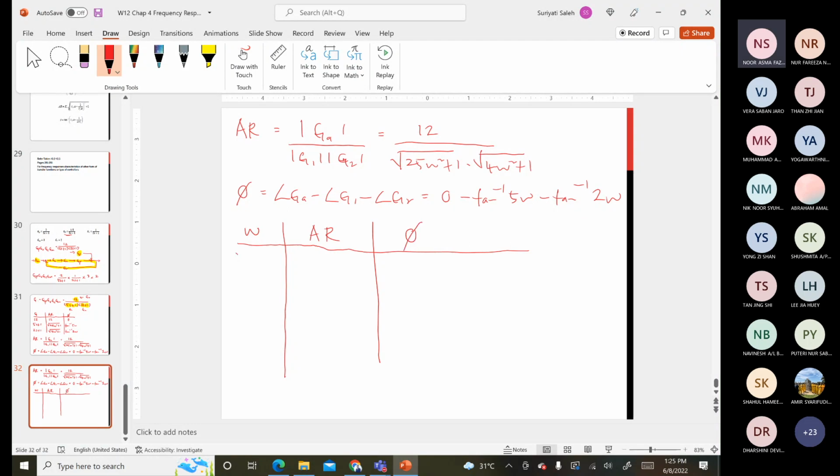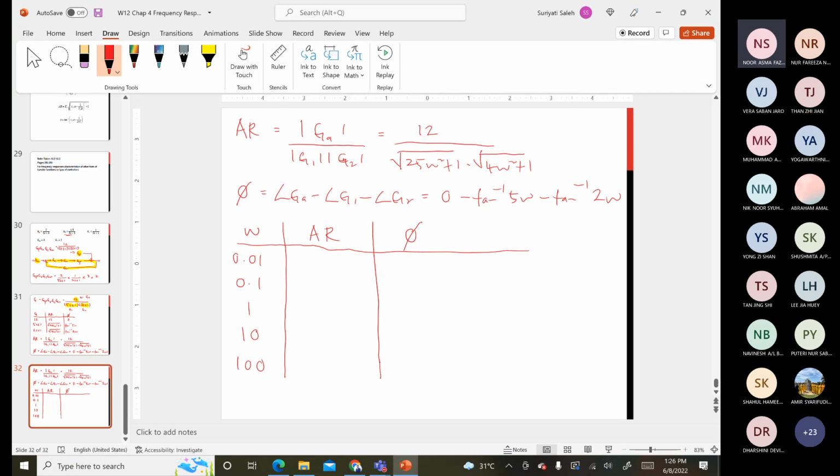So we have 0.01, 0.1, 1, 10, 100. So we have these 5 different omega. I will just let you calculate it: what is your AR for these different omega?